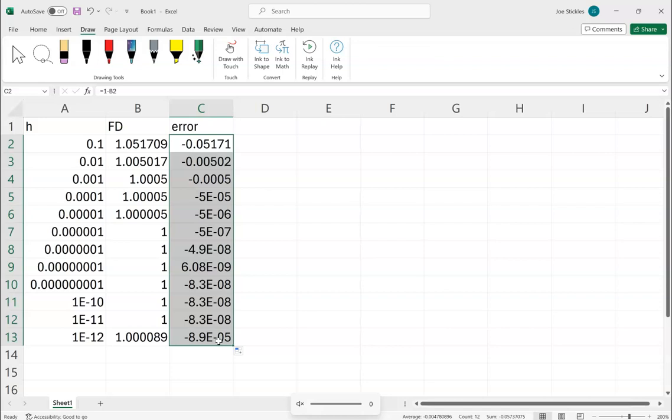So this is one of the reasons why we might want to see if something can get a little bit more accurate a little faster, because we're going to have machine representation issues as we go to smaller numbers that we're dividing by, so the results are getting huge. That makes sense? Okay.